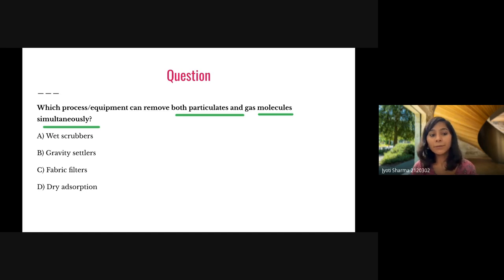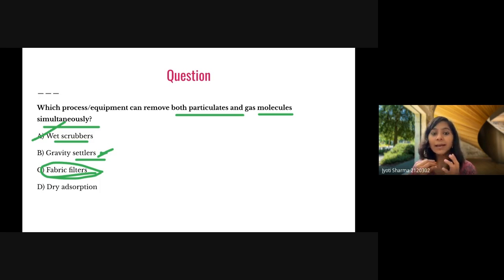So what will happen in the wet scrubber? I will show you the figure, but the gravity settler we have already talked about. So this is just for the particulate matter. If we are talking about the fabric filter, unless we have some media, some chemical in it, it will just remove the particulate.